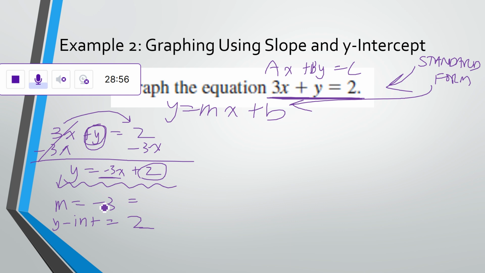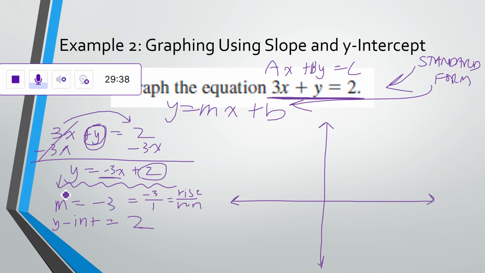If you were to have any kind of integer that's not a fraction, we just make it a fraction by dividing it by 1, making it go over 1. So in this case, instead of writing it as negative 3, we'd instead write it as negative 3 divided by a positive 1, which now resembles something that's a little bit more familiar to us, rise over run. So using these two bits of information, our slope being m, which is negative 3 or negative 3 over 1, and our y-intercept, that is a positive 2, let's go ahead and now graph something that looks like this.